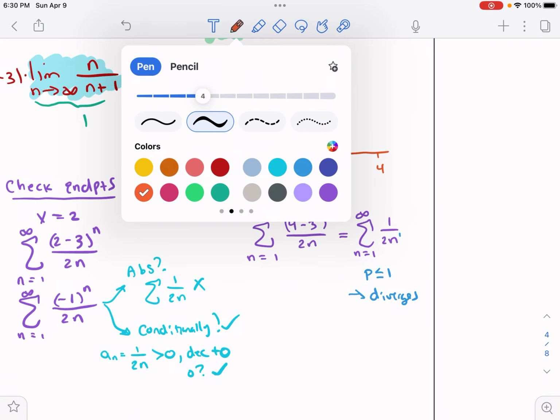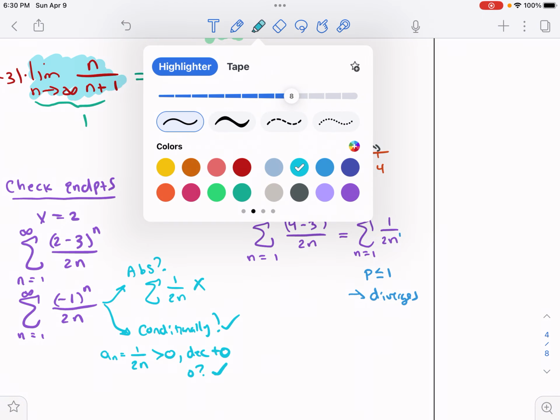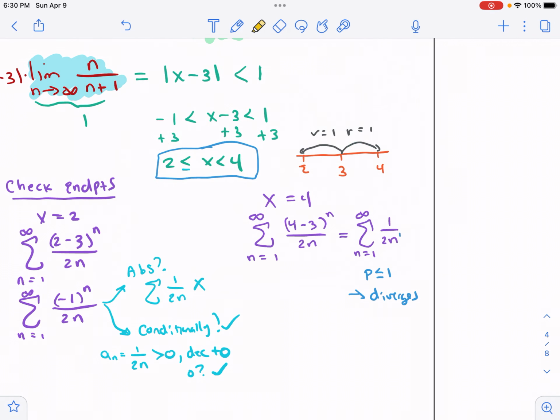Your radius of convergence is just this distance from the center to either endpoint of the interval of convergence. So that's clearly 1. It's also always represented in this structure: when you have the absolute value of x minus your center, less than a number, that number is your radius of convergence. So that's not an accident, but you could always just draw the visual like I did.